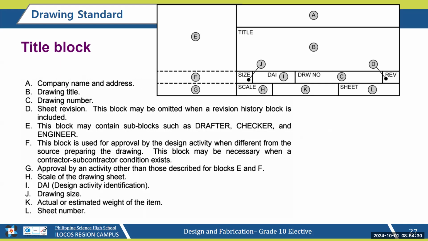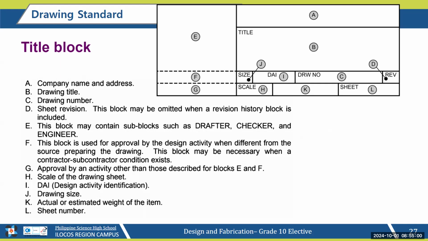H is for the scale, which again shows the drawing scale used in the drawing. So it's either enlargement or reduction. You also have the design activity identification, which is another code for tracking your drawings. J is for the drawing size, which specifies the paper size used in the drawing.